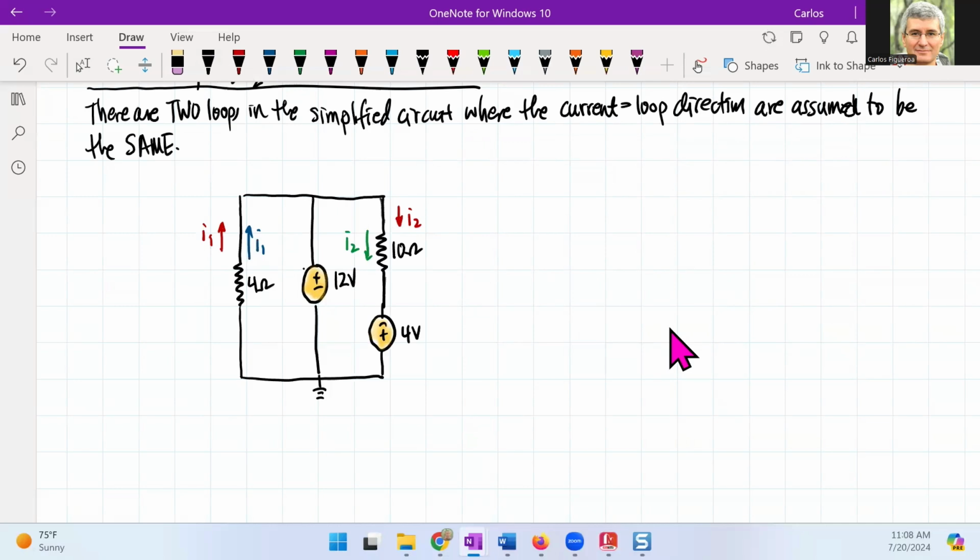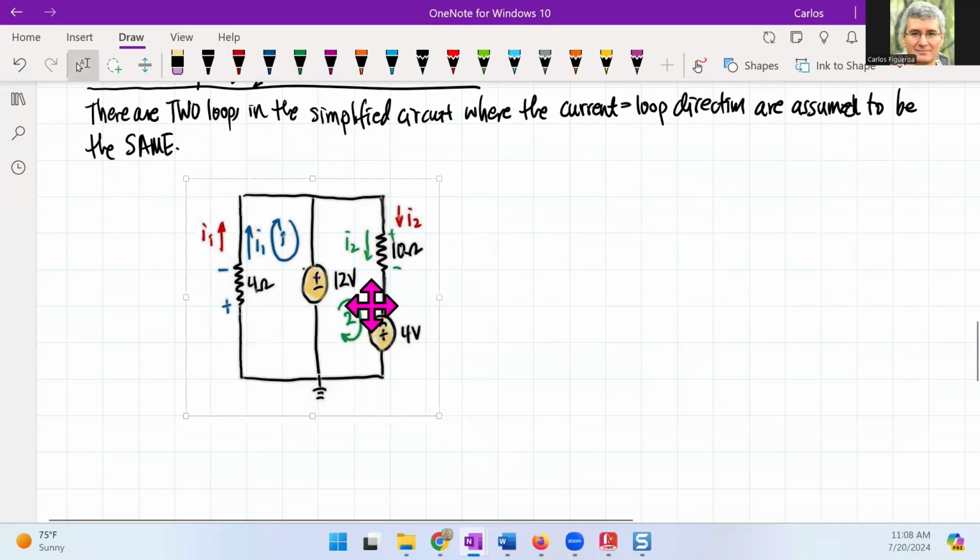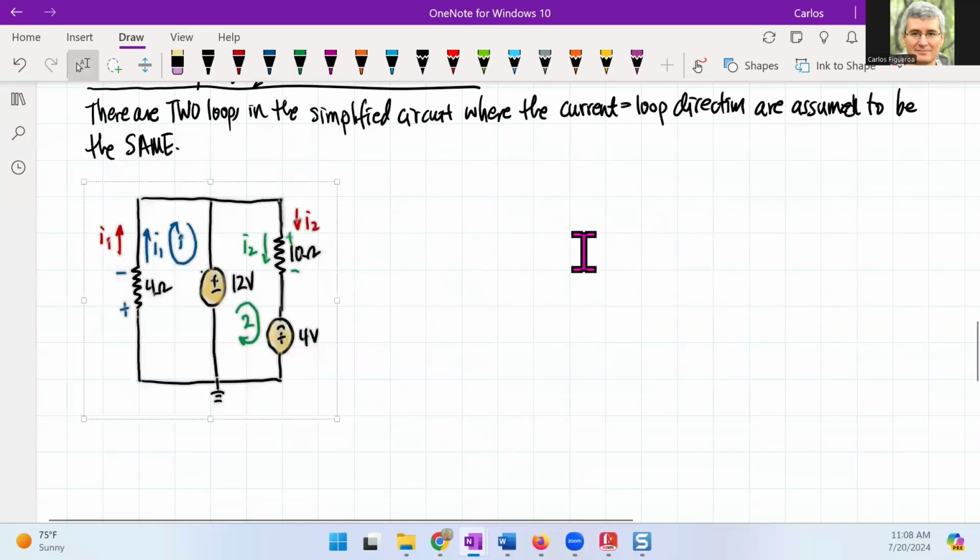So if I write these, this is what I'm actually seeing. I'm going to create a loop. My path is going to go like this. My other path is going to go in the same direction like that. As I go along my current loop like this, that means I have to put in my polarities here, so I'm putting my plus and minus signs. Then I apply Kirchhoff's laws.